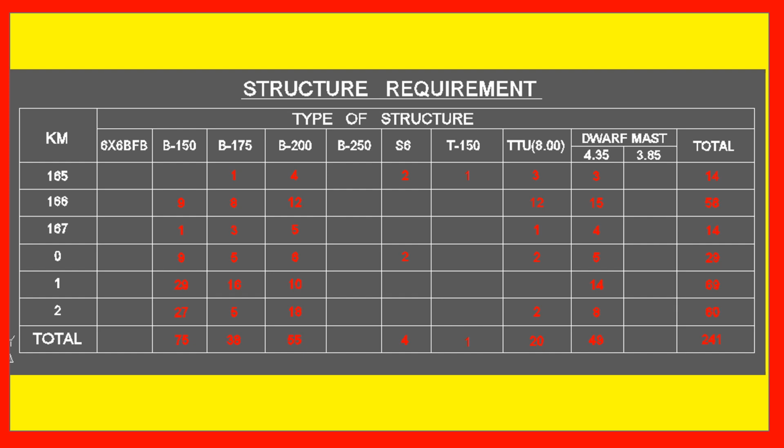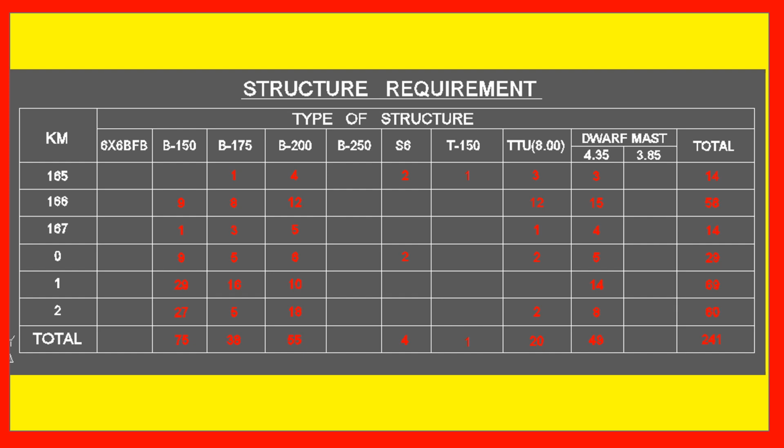Then dwarf mast is used as an anchor mast. Initially we were not using dwarf mast in past days, but now we are using dwarf mast for anchoring. We anchor it on the top of the mast, near it, not the full size mast.